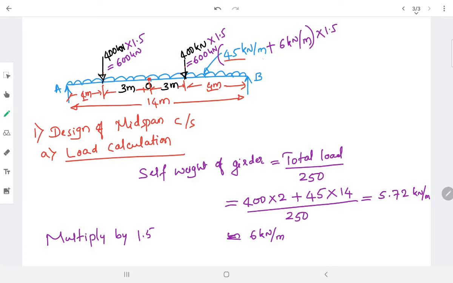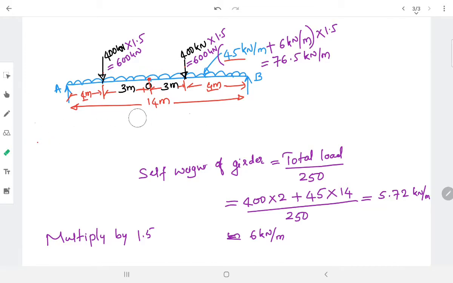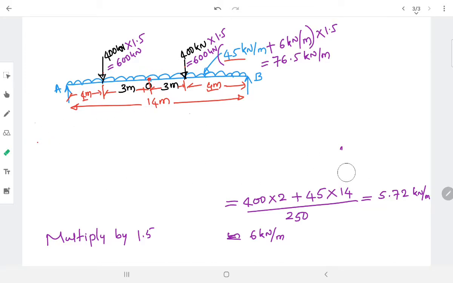So total UDL on the girder is 76.5. So I'll redraw this line diagram. This line diagram will look like this.